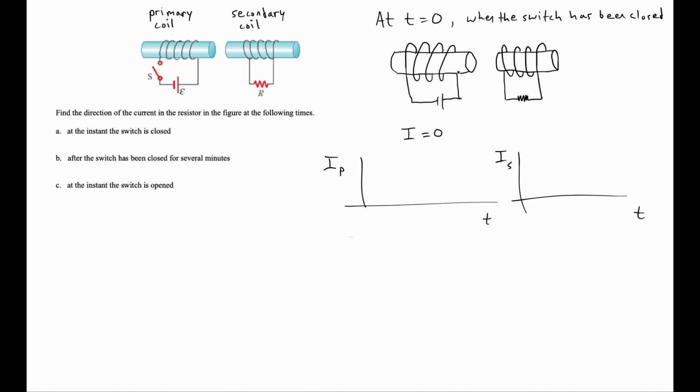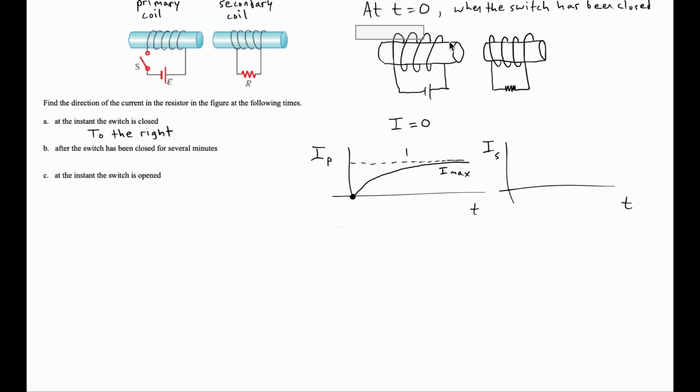So the current in this setup is going to start off 0, but over time it'll actually approach a maximum, called I max. That's the largest allowable current. So let's show it at a new state now as well.